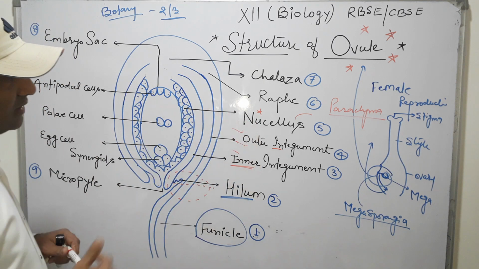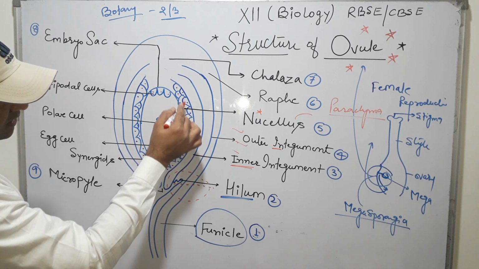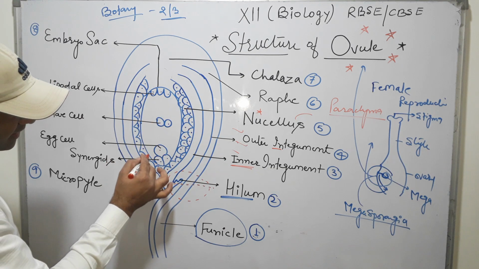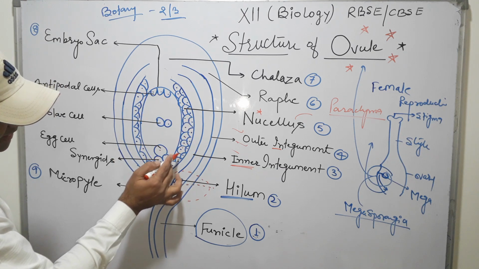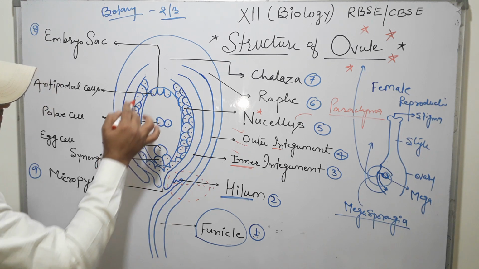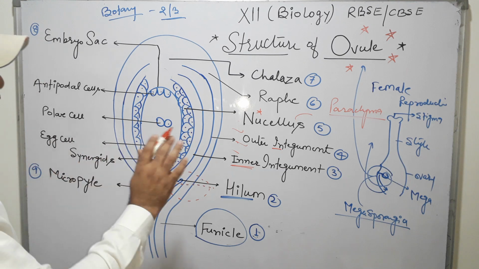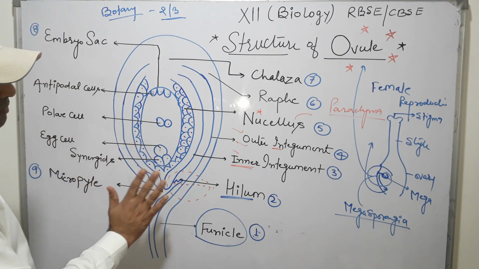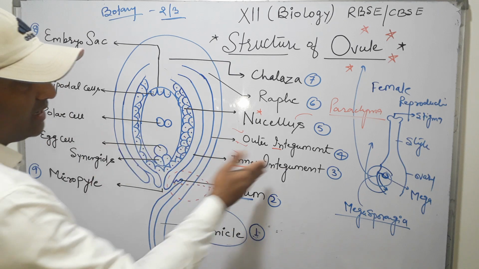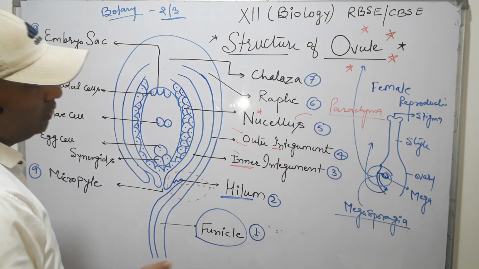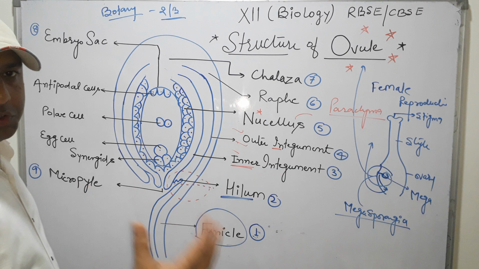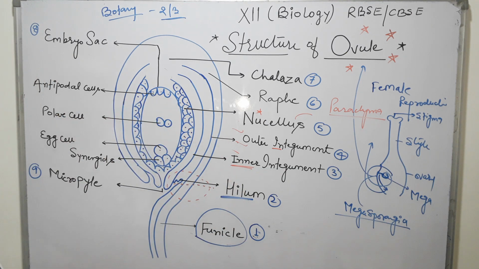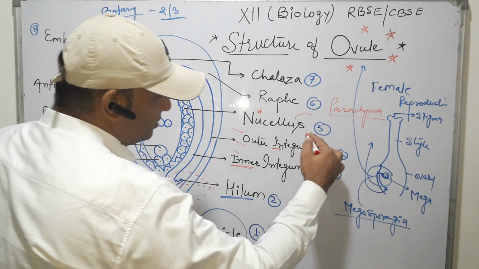You can see in the diagram the cells which surround the embryo sac; that surrounding structure is called nucellus. So you can write that nucellus is the outermost part around the embryo sac, consisting of parenchymatous cells or tissue containing a lot of nutrition, which is provided to the developing embryo sac. So it is the fifth structure, nucellus.